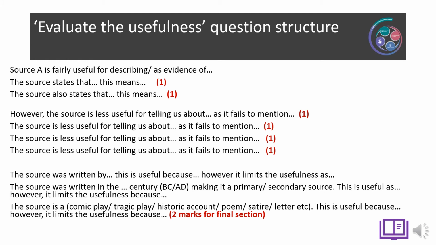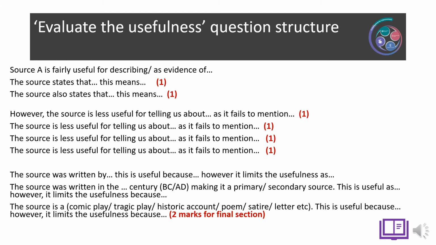This is always a good introductory sentence to put when answering an evaluate the usefulness question. The source states that, and this means, for 1 mark. The source also states that, this means, for your 2nd mark.